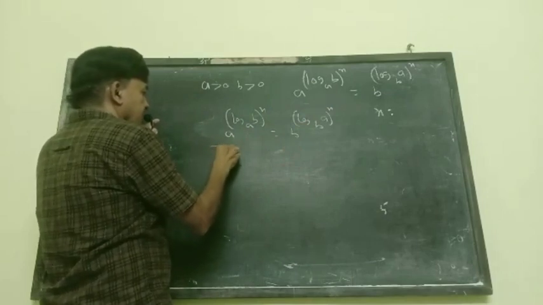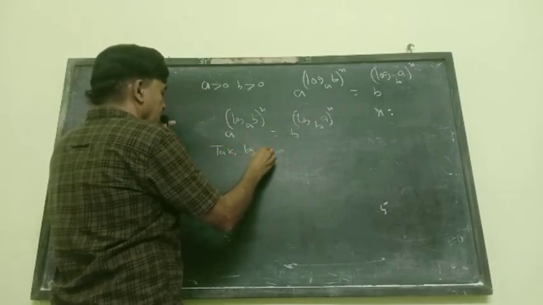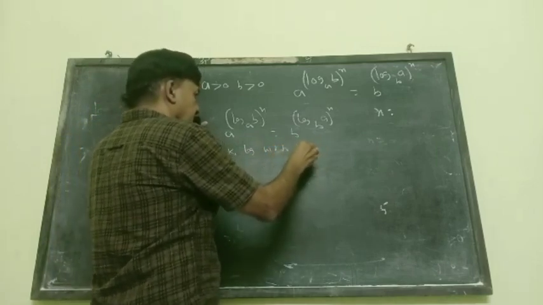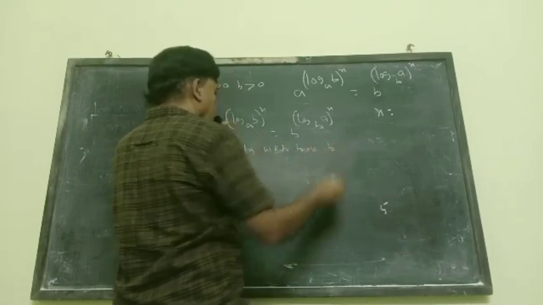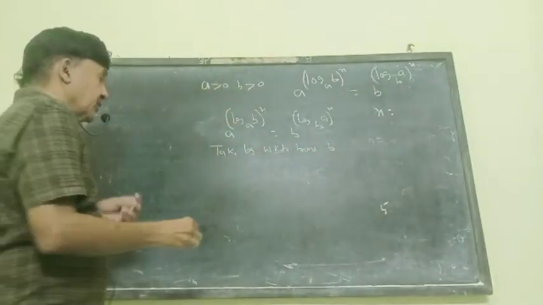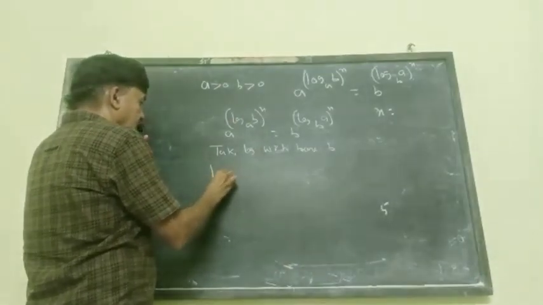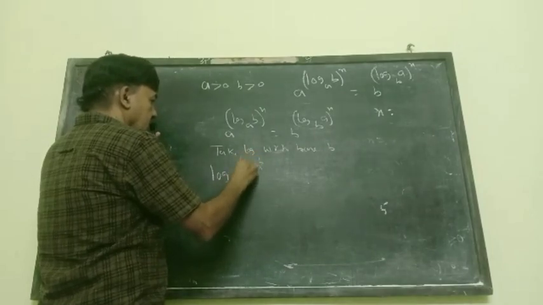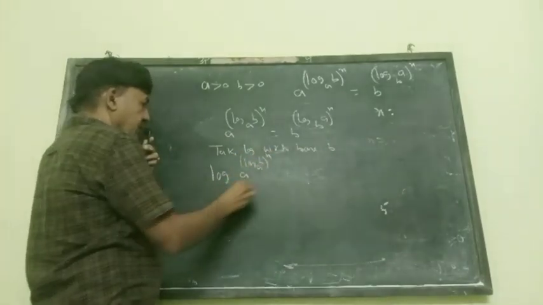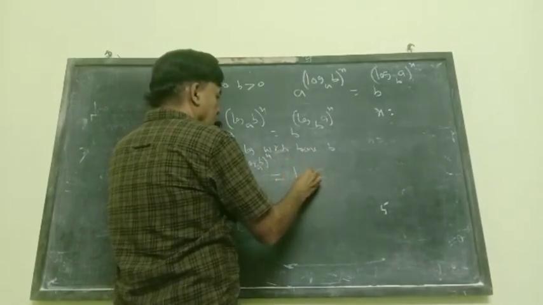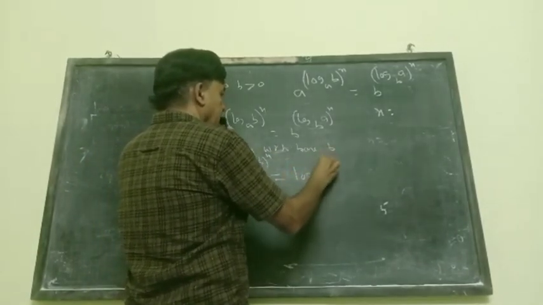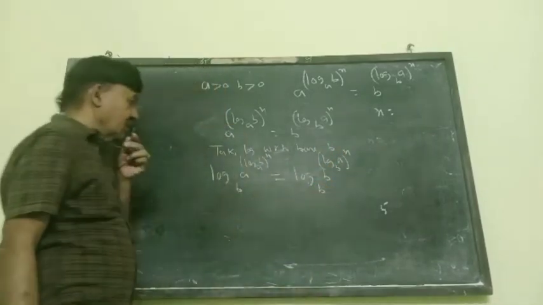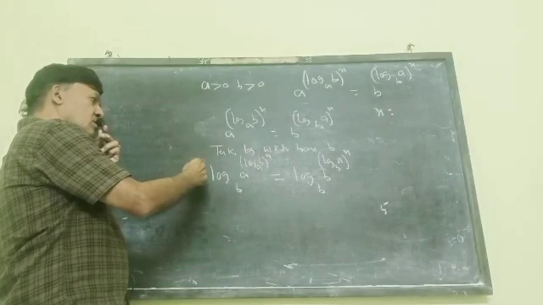Take log on both sides, with respect to base B. Then you will get log of A to the power of log B to base A whole power x to base B is equal to log of B to the power of log A to base B whole power x to the base B. So this can be brought to here.